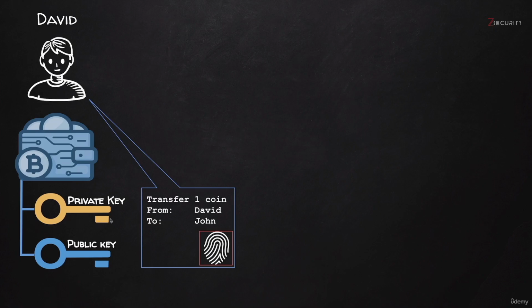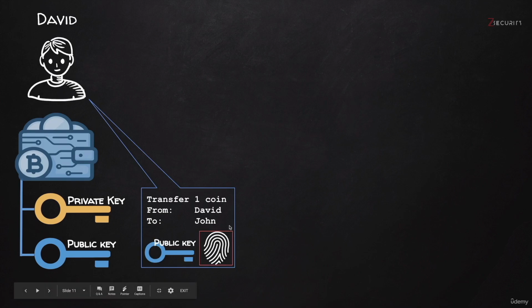Now, once this is signed, David will also include his public key so that it can be used to verify the signature. Again, similar to what we spoke about in the encryption section of this course, the public key is mathematically related to the private key, and therefore it can be used to verify the signature without revealing information about the private key.